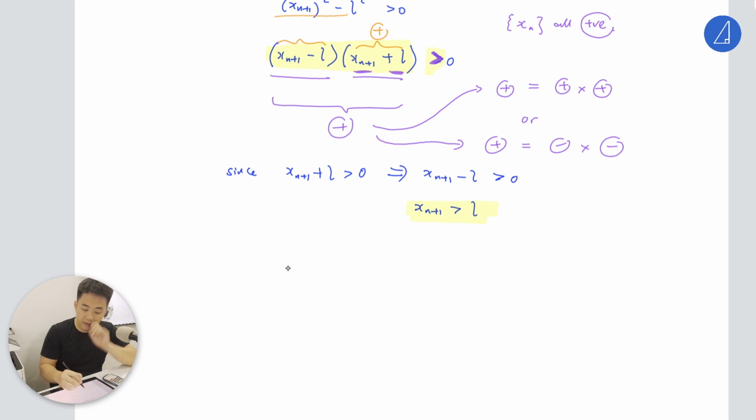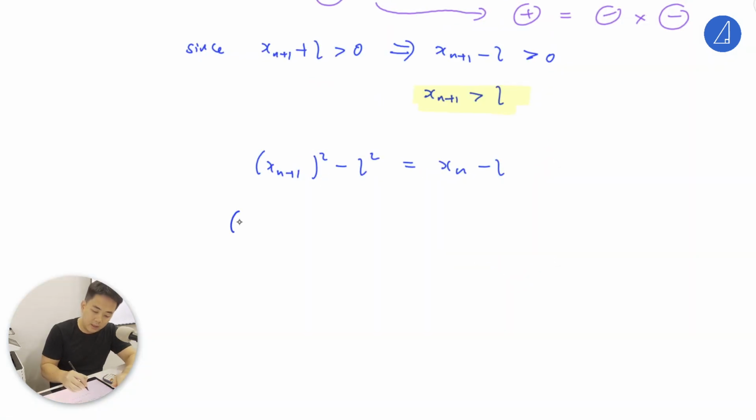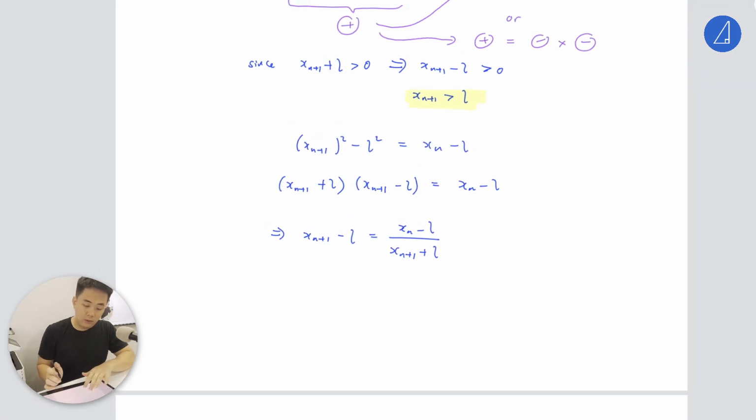We start with what we found just now, which is xn plus 1 square minus L square is equal to xn minus L, right? That's what we found. Then you just expand it out. Okay, how do you understand this?